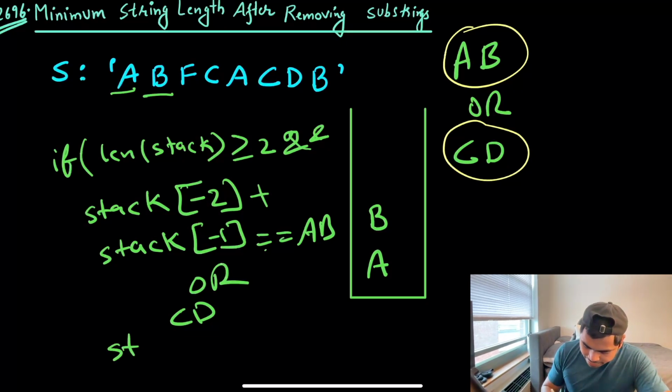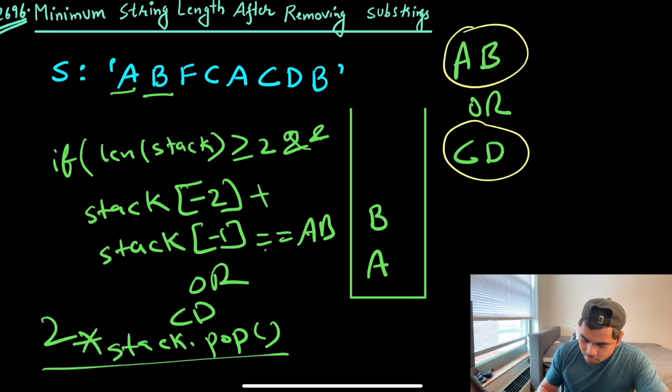So stack.pop, just do this operation twice so that we pop both of them out.